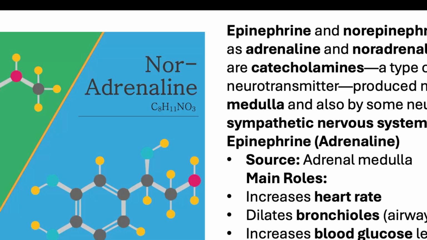So noradrenaline has synergistic to opposite effects with epinephrine. The body is heightened, the body senses are heightened. There is vasoconstriction, an increase in blood pressure by decreasing the lumen inside the blood vessels. So these are the functions of epinephrine and norepinephrine that are secreted by the adrenal gland.